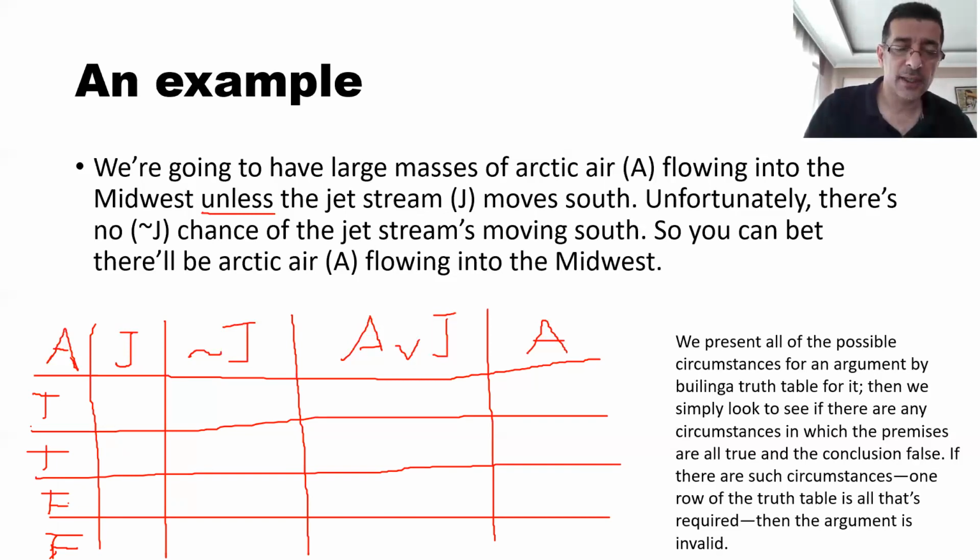False. Okay. Here we would alternate between true and false. Okay. True and false. Okay. Now, obviously, negation would make an opposite. So if J is true, then not J is false. If it is false, then it is true.